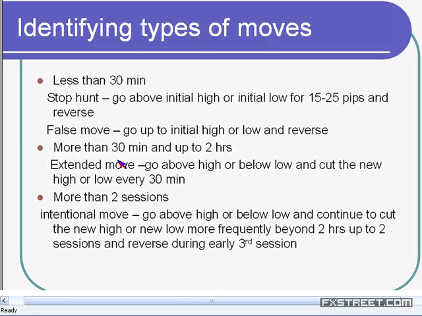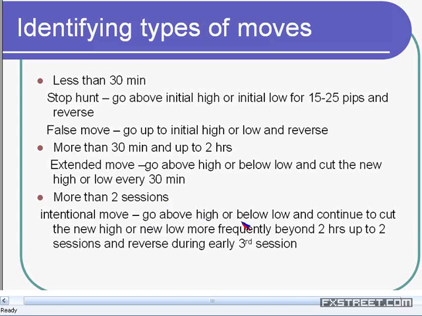So first of all, understand how to identify the type of moves. Less than 30 minutes is a stop and then false move. Then more than 30 minutes up to 2 hours is an extended move, and these extended moves are quick moves, whereas intentional moves are slow moves, and that happens for more than 2 hours and lasts up to 2 sessions and reverses during the 3rd session.